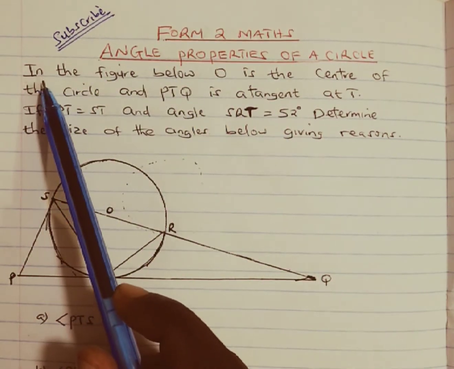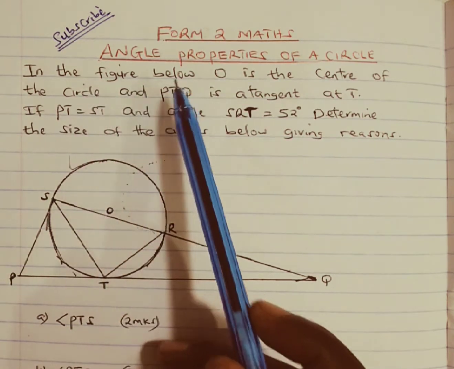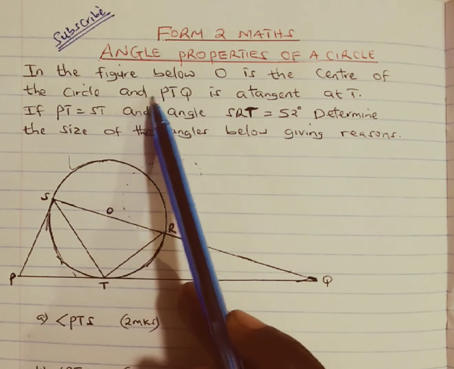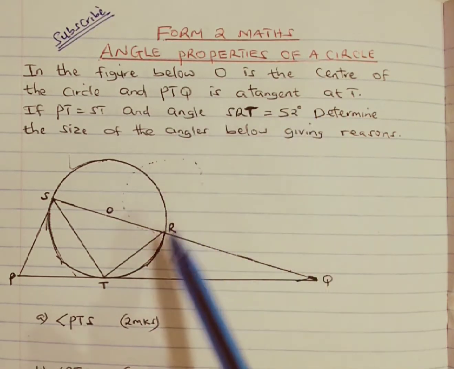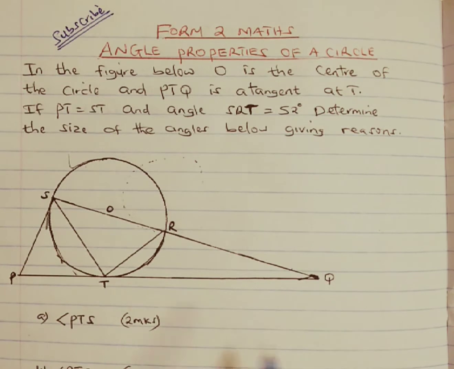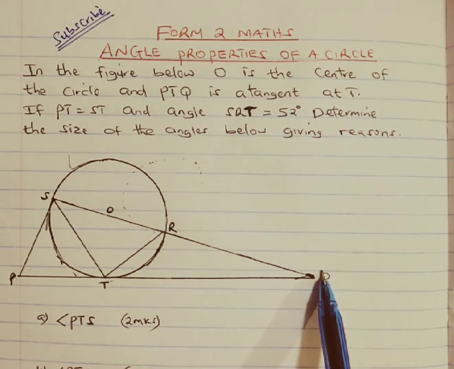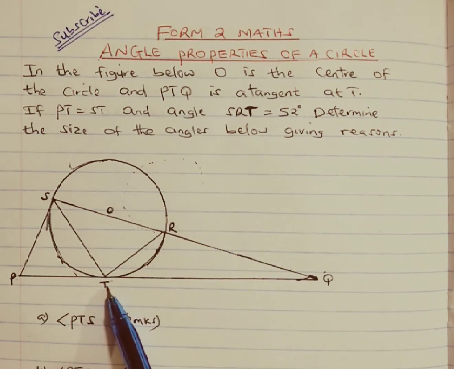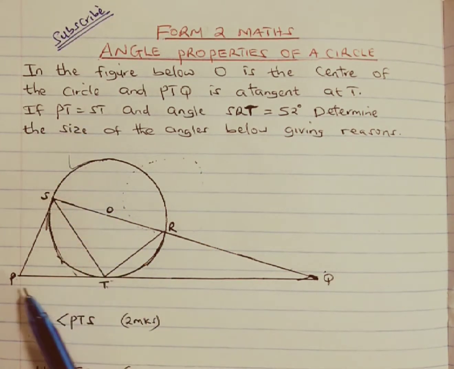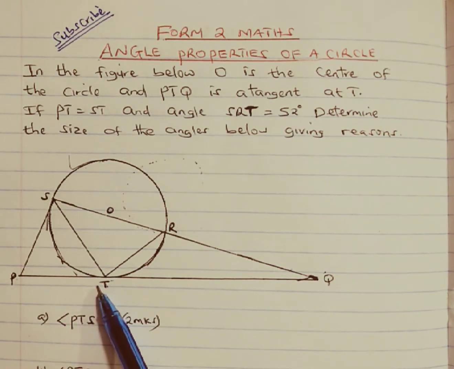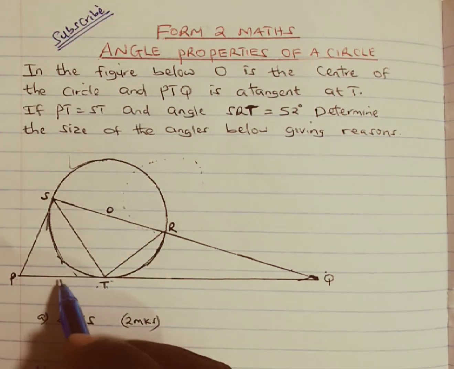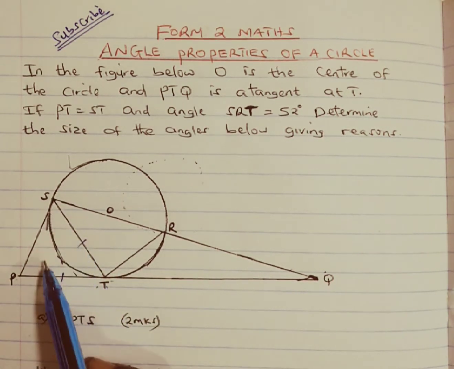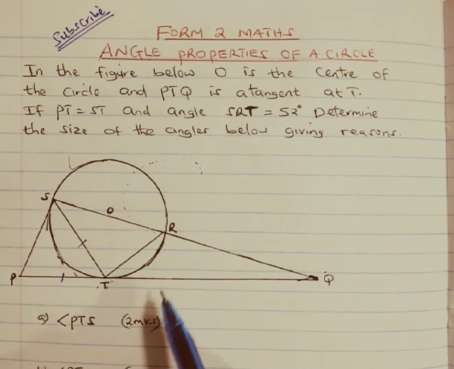Let us read the question together. In the figure below, O is the center of the circle and PTQ is a tangent to the circle at point T. If PT is equal to ST, that means the triangle we have here is isosceles.